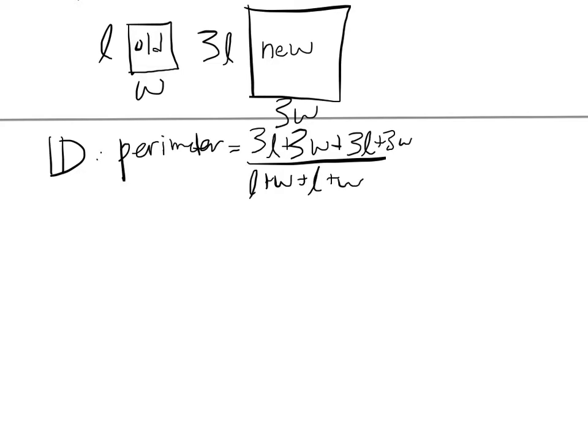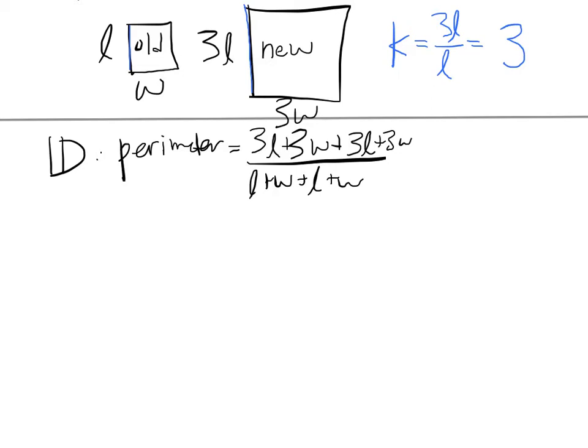And I should say, before we even do that, let's find our scale factor. And so we usually do that just by taking similar sides. So I'm just going to do these two sides right here. I'm going to say new 3L over 1L, which I can get rid of both of those L's, so our scale factor is just 3. So we're going to see how these three different dimensions relate to that original scale factor.